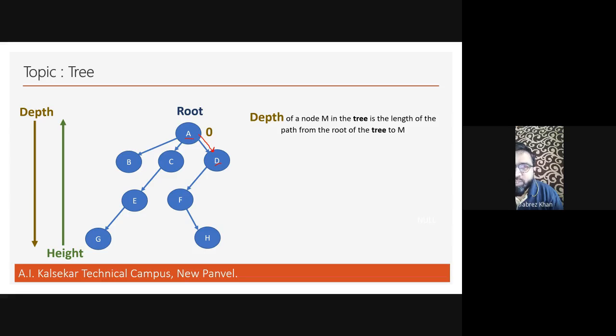And what is the length of this path? You can think of length as the number of edges in the path. The length is 1 over here. So the depth of D becomes 1.